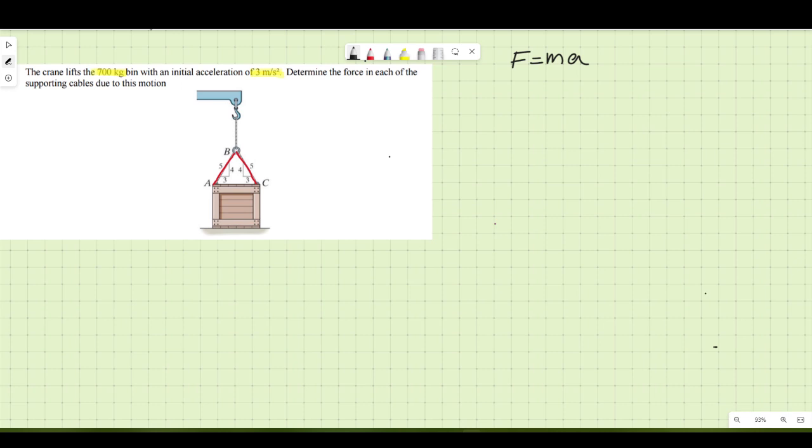After we recall that information, let us sketch a quick free body diagram. Start off with marking the little hook up here as O. It has a little line coming down. This is now force BO.